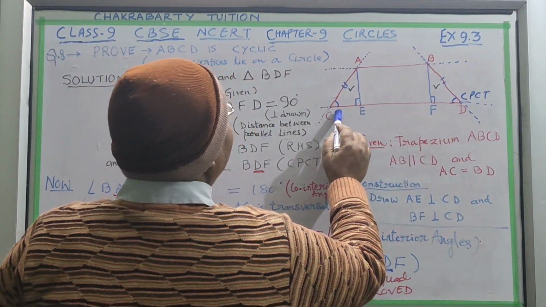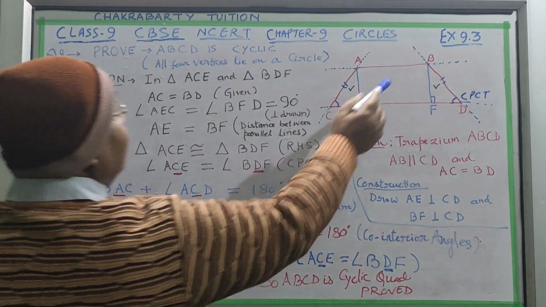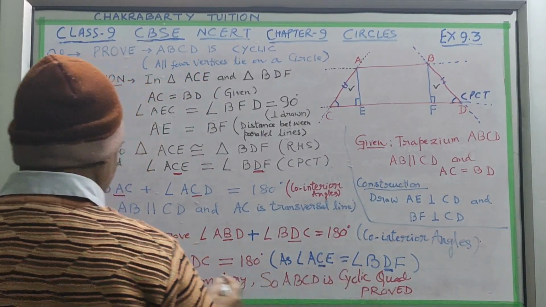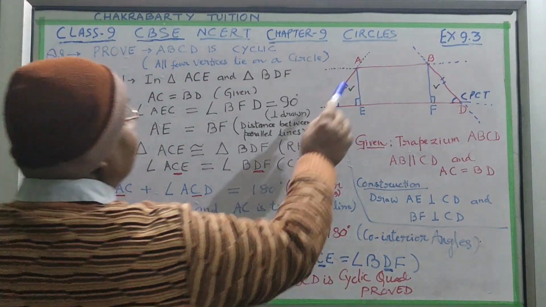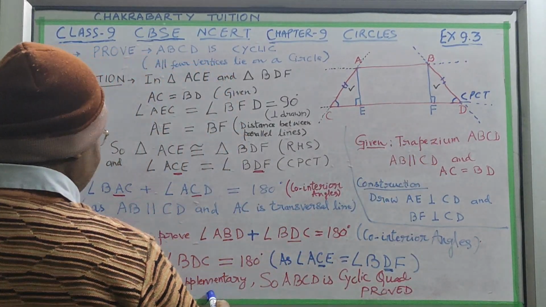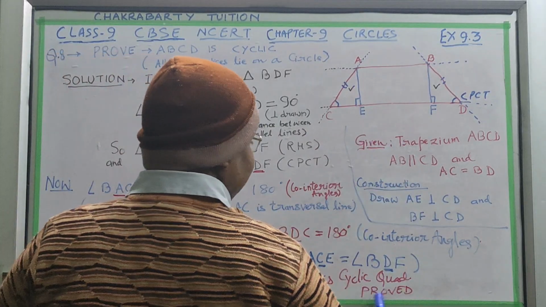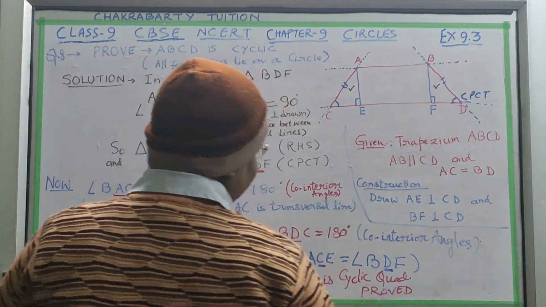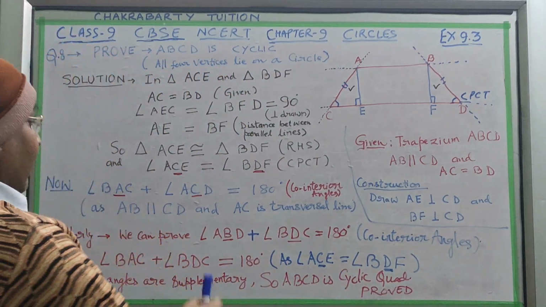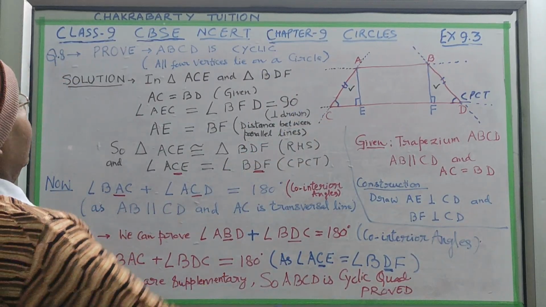So in place of C, we can also say BAC plus BDC are equal to 180 degree, C equal to D. Now you see opposite angles are supplementary, means equal to 180 degree. So ABCD is a cyclic quadrilateral. In case of cyclic quadrilateral, two opposite angles are equal to 180 degree. So this is your proof.